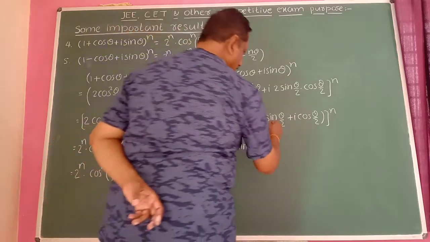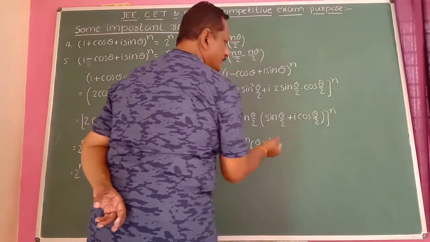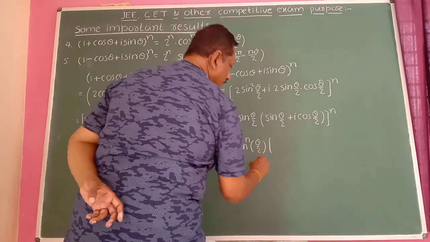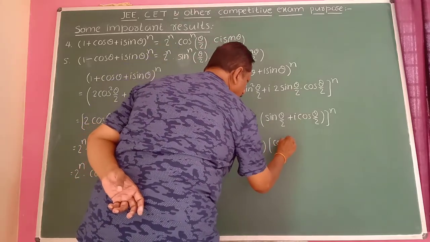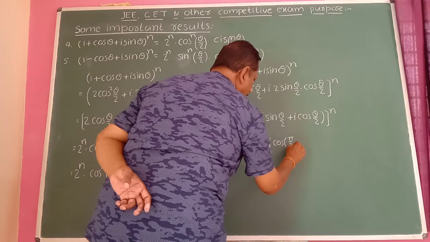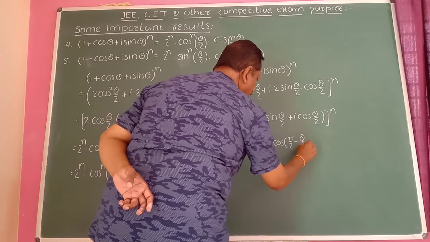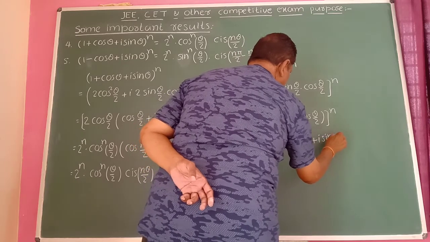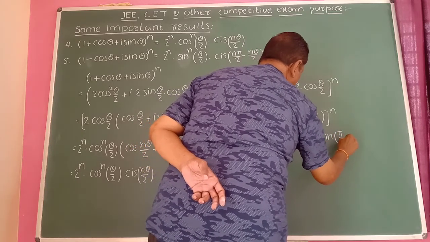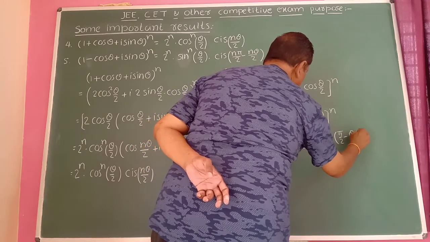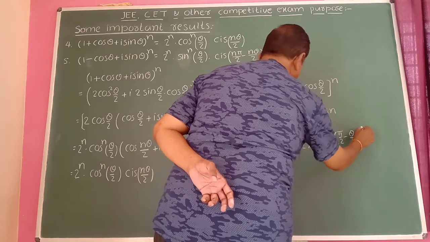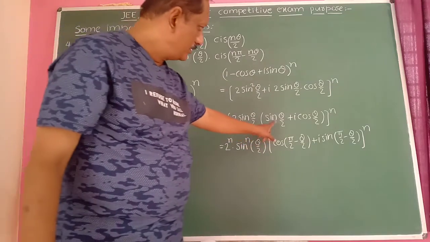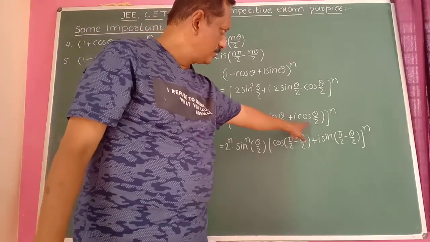Therefore first you convert this one in terms of cos and this one in terms of sin using the allied angle formula. Sin theta by 2 can be written as cos of pi by 2 minus theta by 2 plus i into sin of pi by 2 minus theta divided by 2, whole raised to n here. You are using the allied angle formula, so sin becomes cos, cos becomes sin.